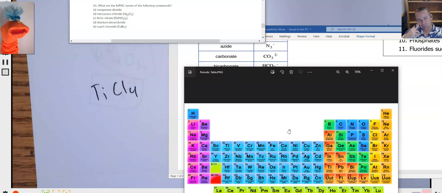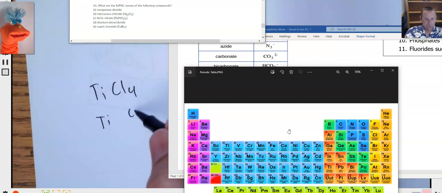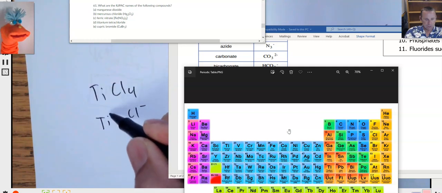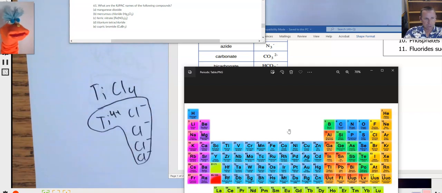Because titanium's a metal, it should be named following the ionic compound rules. That's right. So titanium has to have what kind of a charge in this scenario? A +4 charge. That's right. Good. There's 4 chloride ions, and therefore there has to be a 4+ charge on titanium. So titanium 4 chloride is better? That's right. Titanium 4 chloride.